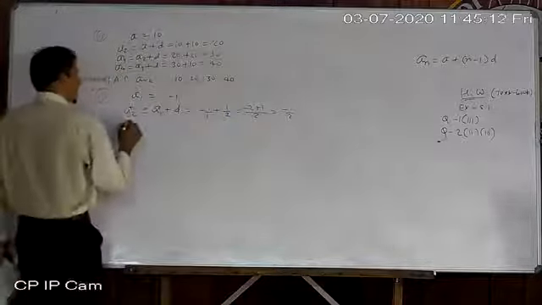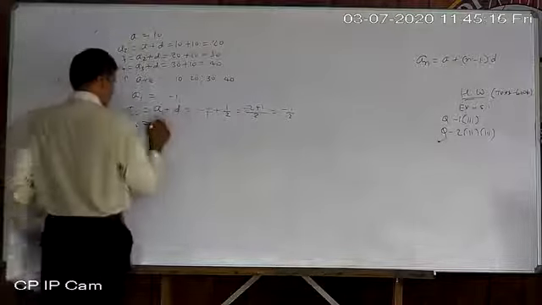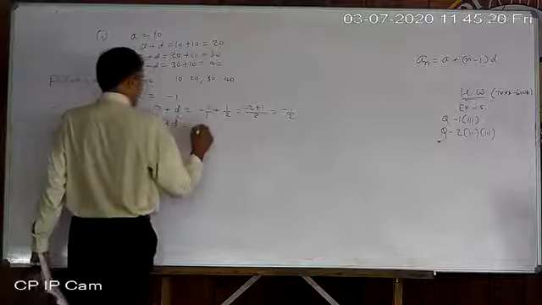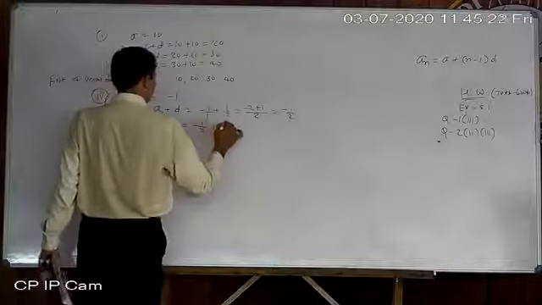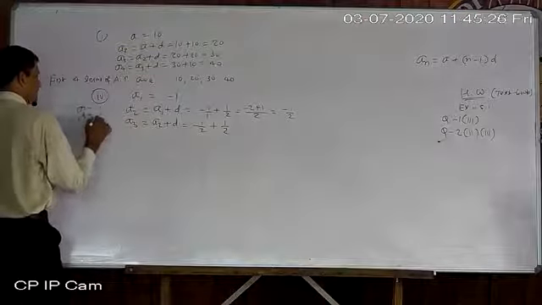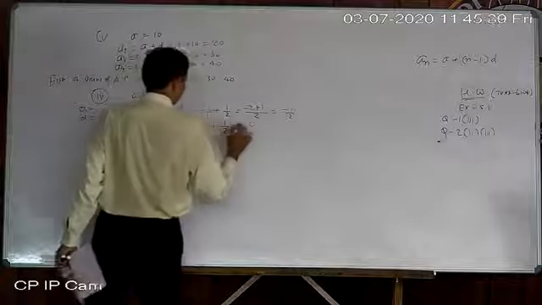Then A3 is A2 plus D equal to minus 1 by 2 plus 1 by 2, because A is given minus 1 and D is given 1 by 2 only. So obviously it will be 0.